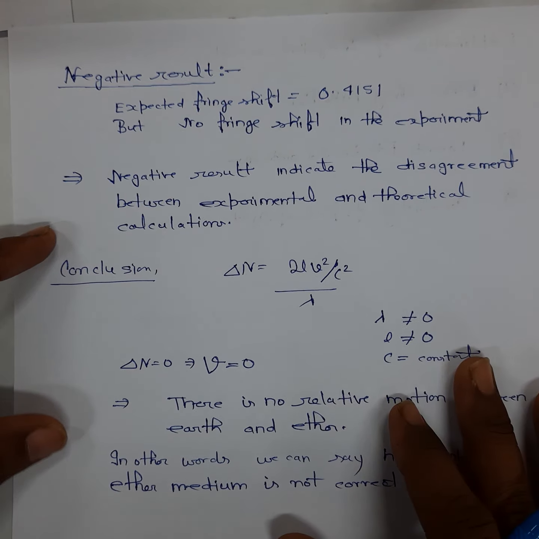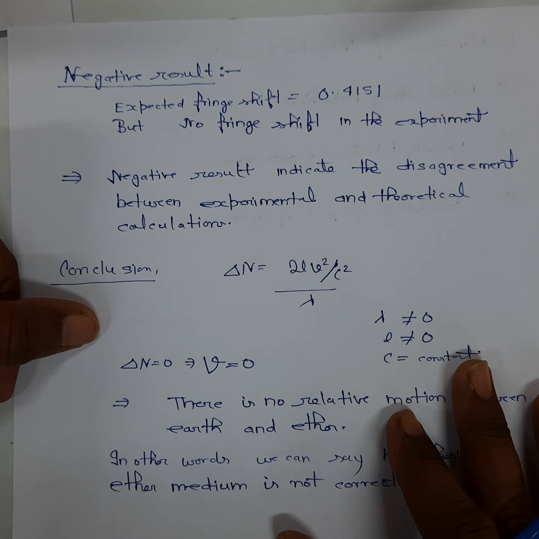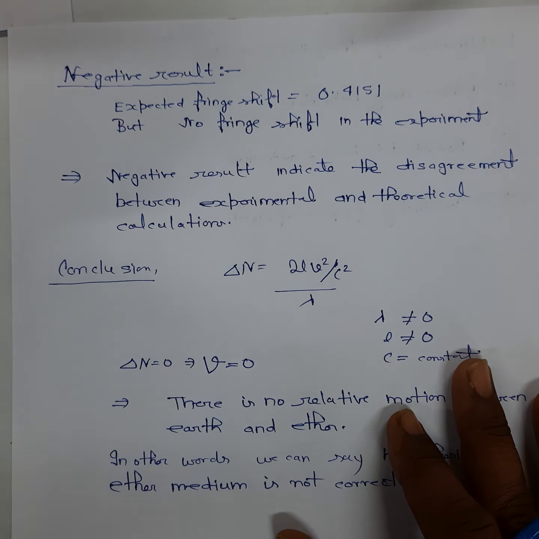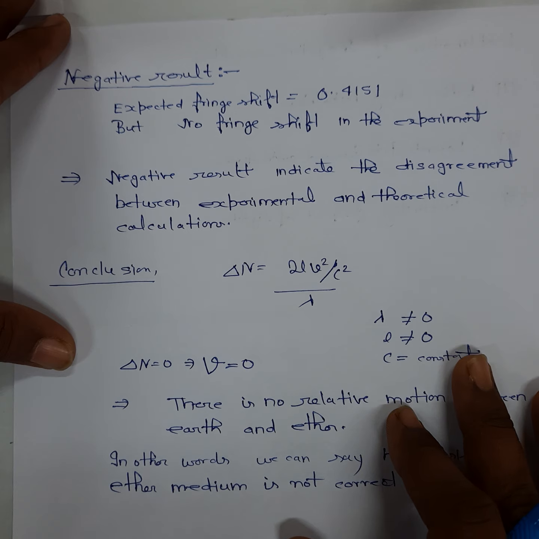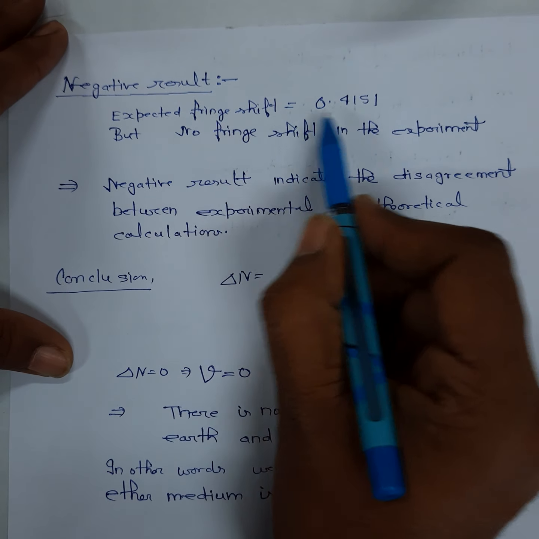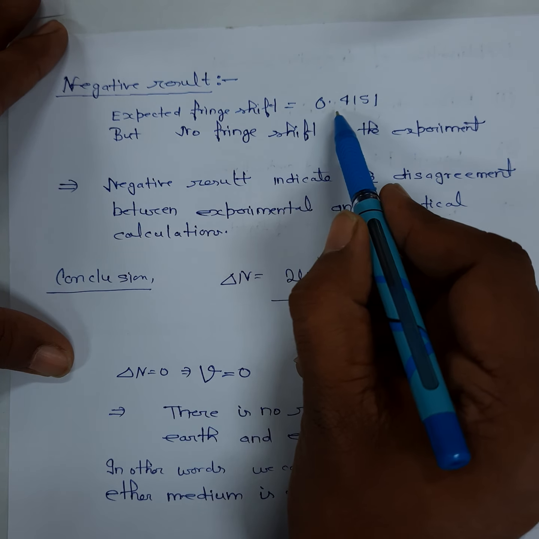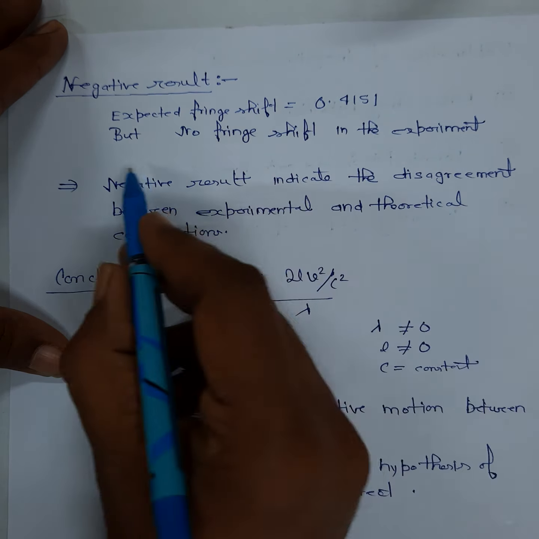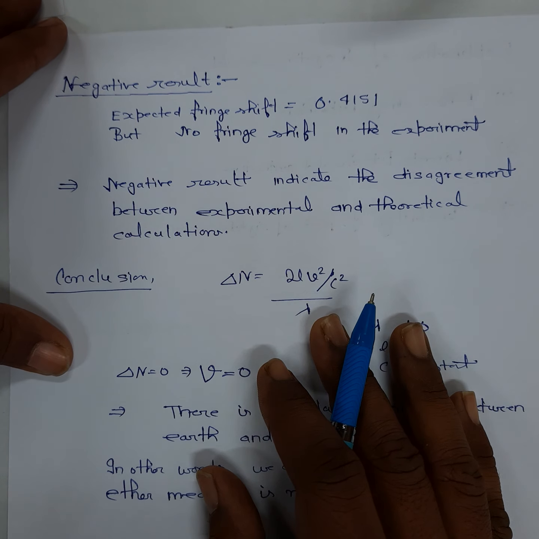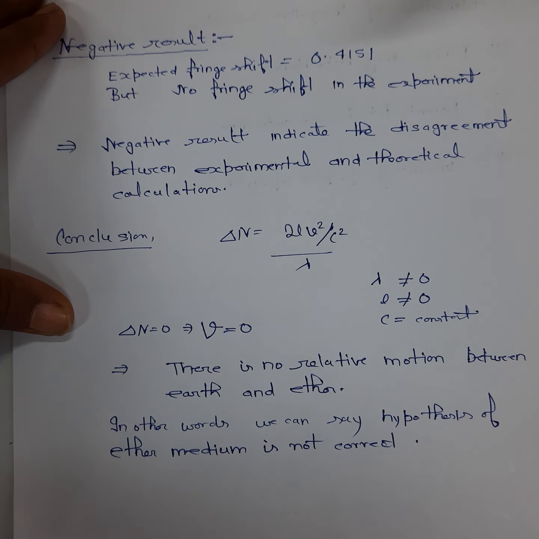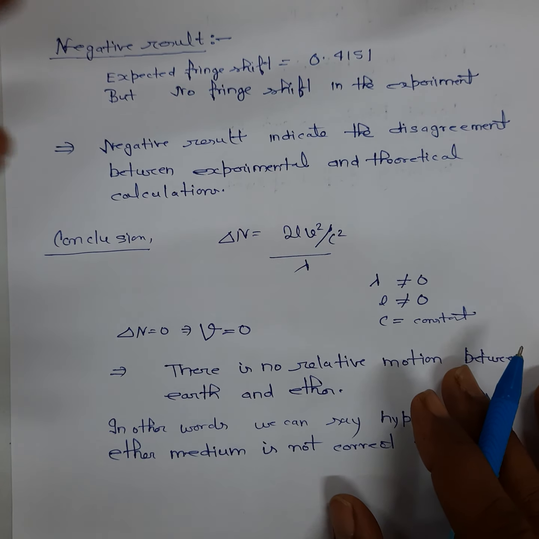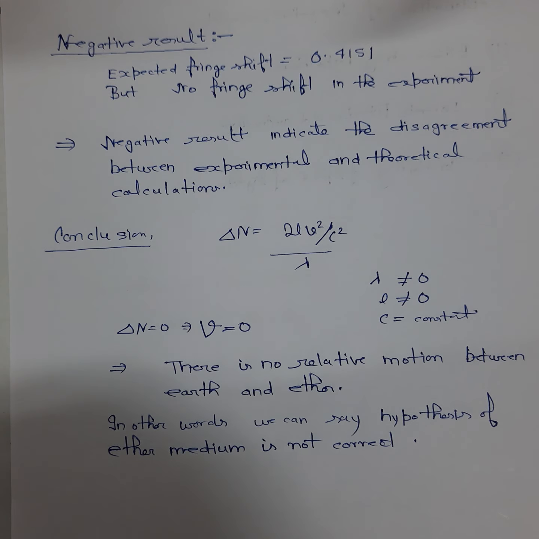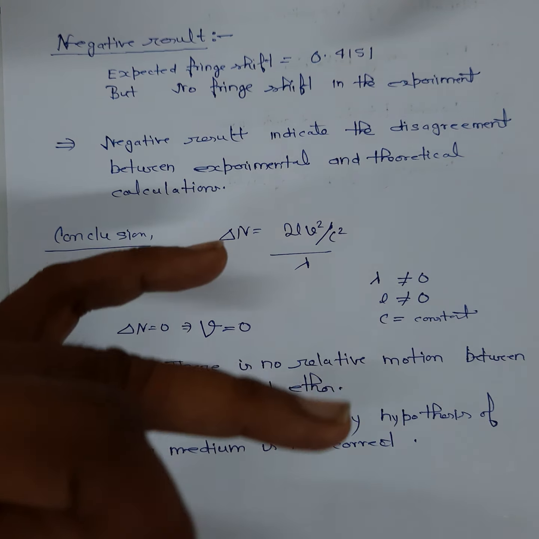Therefore, this result, in which Michelson and Morley did not observe any fringe shift, was called a negative result, because the expected fringe shift from theoretical calculation was 0.4151, but no fringe shift was observed in the actual experiment. So this negative result basically tells us about the disagreement between the experimental and theoretical calculations.